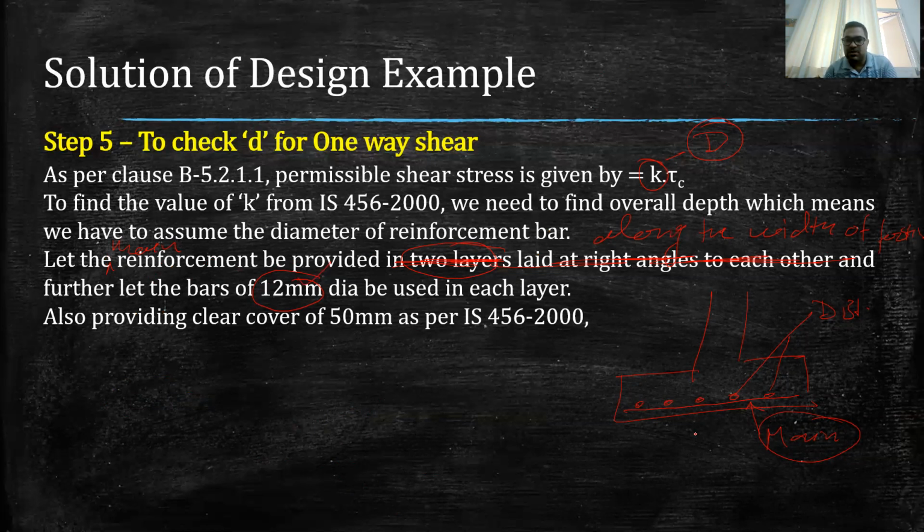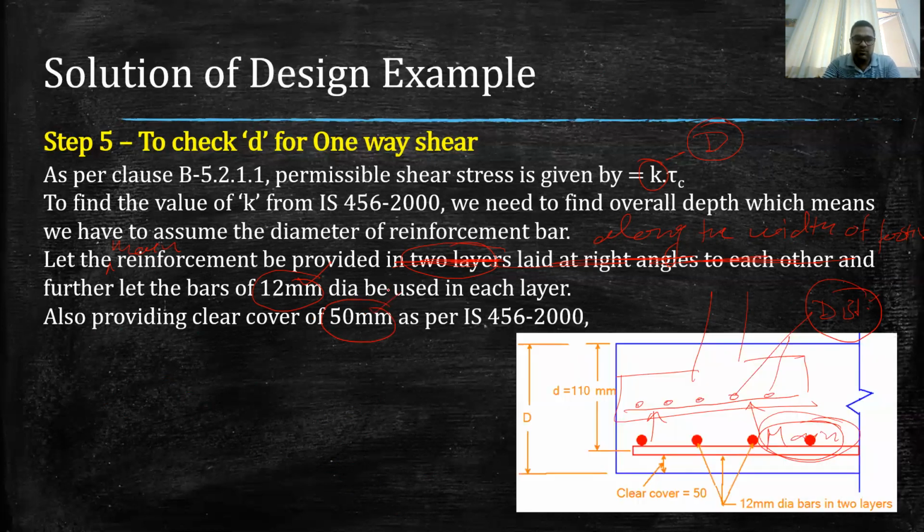Okay, so here along the width we have the main reinforcement, and along the length of the wall we will be having distribution reinforcement. So distribution reinforcement dia can be 8 mm or 10 mm, that we will see when we will be calculating this area of steel. And also the clear cover. As we know that in foundation minimum clear cover is 50 mm, so we are providing the minimum clear cover.